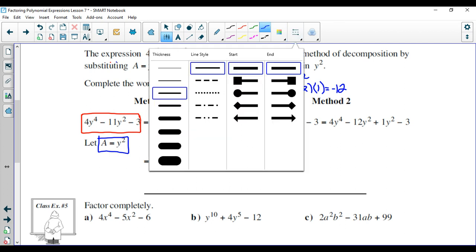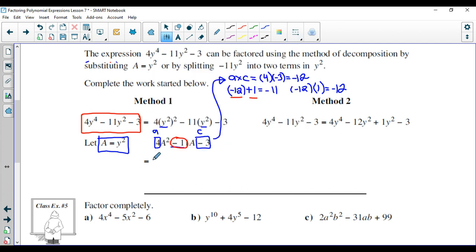So what this would look like is you would then have 4a squared subtract 12a plus a minus 3.